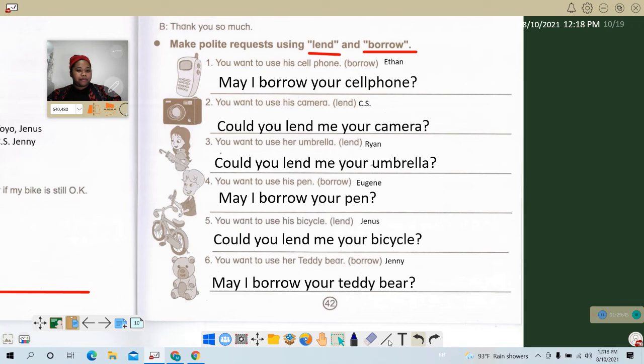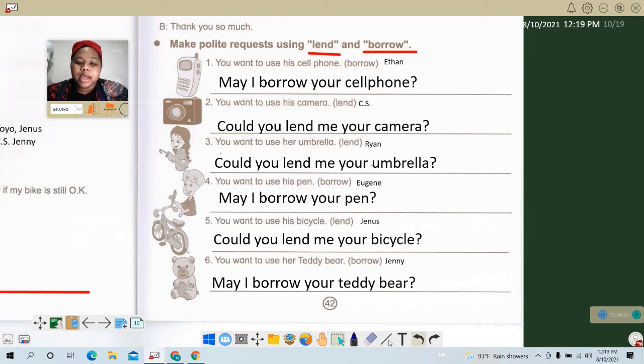Number 3. Could you lend me your umbrella? Number 4. May I borrow your pen? Number 5. Could you lend me your bicycle? And number 6. May I borrow your teddy bear?